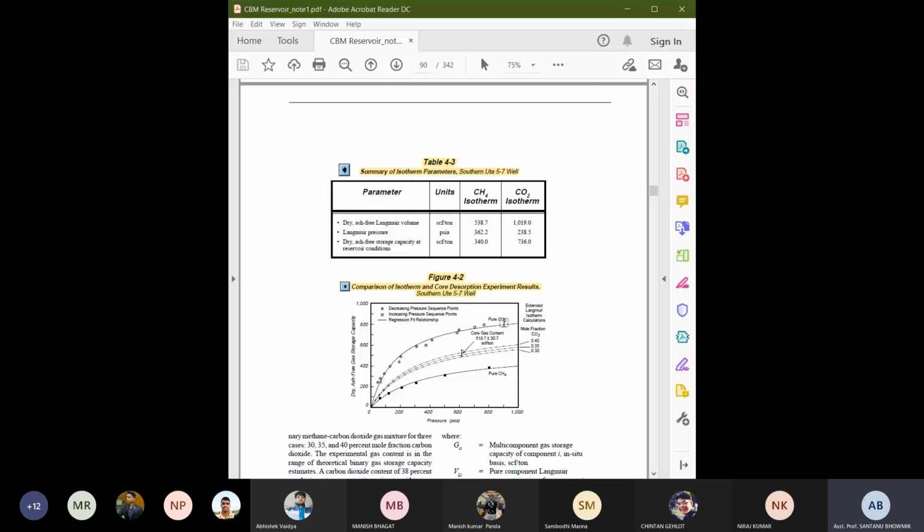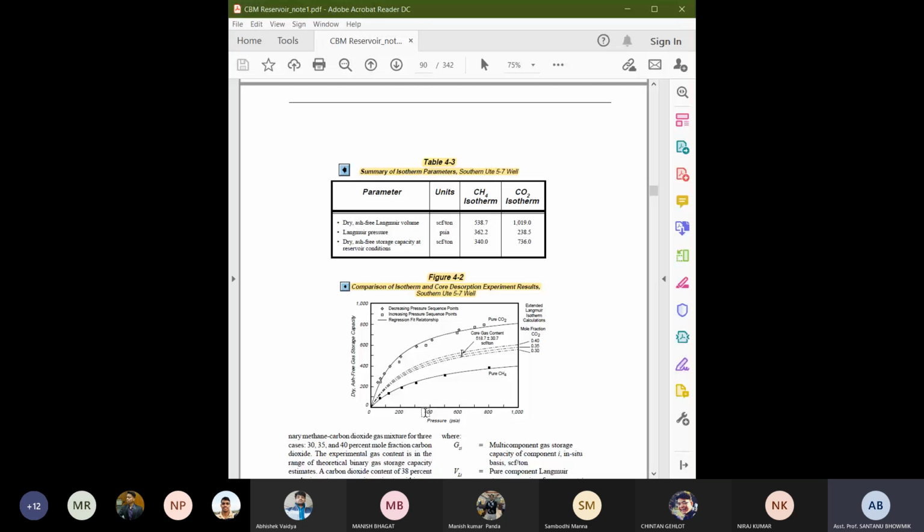Why is this? If you see the shape of the isotherm graph, please look at methane and please look at carbon dioxide. For methane, at some initial pressure the graph starts at about a 45-degree angle, and then it becomes flatter as the pressure increases. Why is it going to be flatter? These are all cumulative gas production, because it is going to increase.